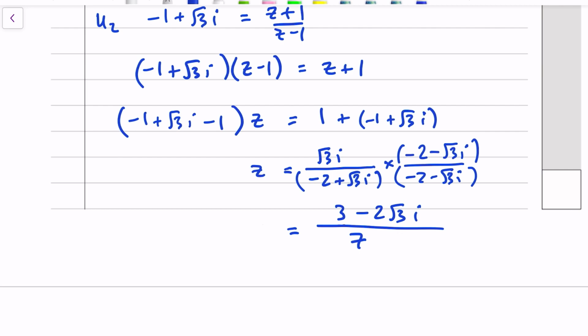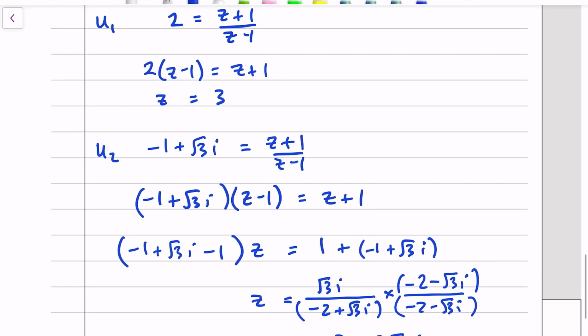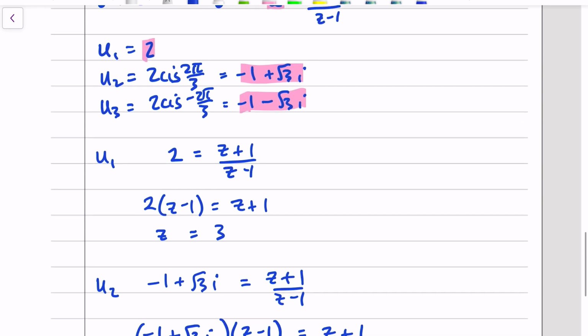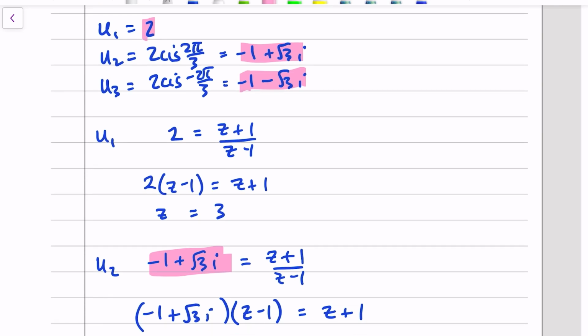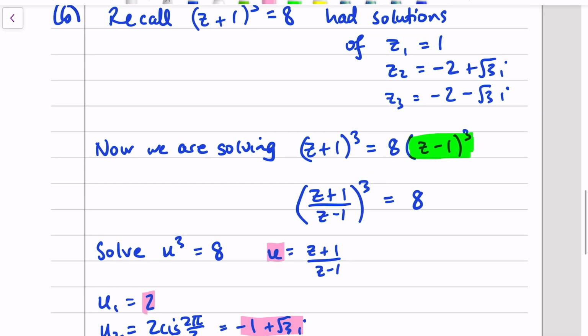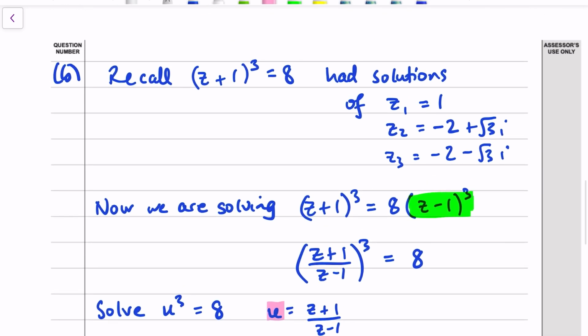And then fortunately, we don't have to do the same thing for u3. But if we did, we would just be replacing this with the conjugate, minus 1 minus root 3i, and then going through the same processes. But the equation we're solving has real coefficients. This equation here doesn't have any imaginary stuff in it.